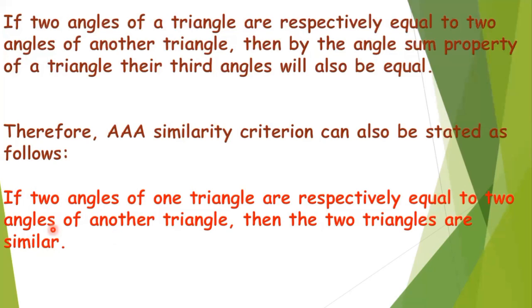To check whether two triangles are similar or not, it is enough if you check two angles of one triangle equal to two angles of another triangle or not. If two angles of one triangle are equal to two angles of another triangle, then the two triangles are similar.